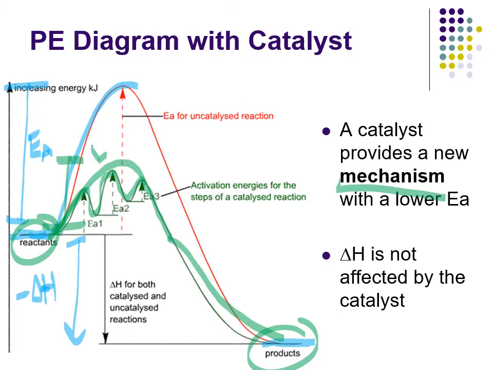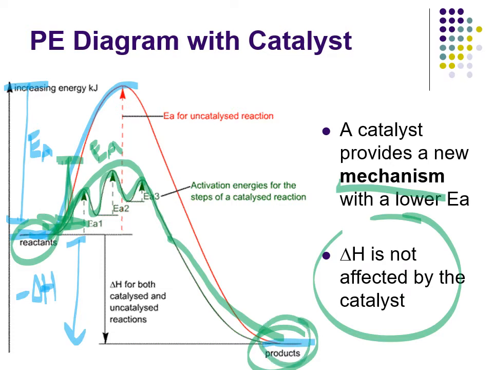And so if we looked at the EA with the catalyst, it would be some amount less than the EA without the catalyst. So the reaction and the delta H is not affected, but the pathway to get to the products is going to be easier or require less energy. It may have more steps involved, or it may somehow make it easier to break the bonds, but in one way or another, it reduces the activation energy needed to get to the products.